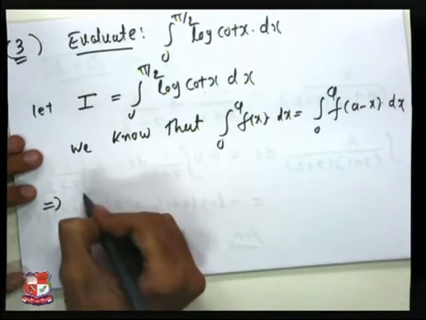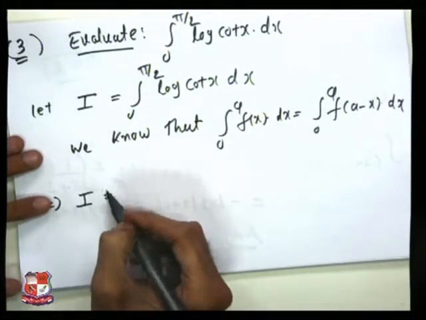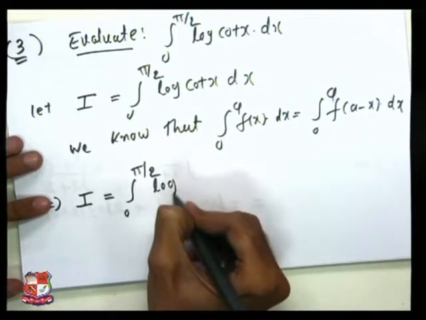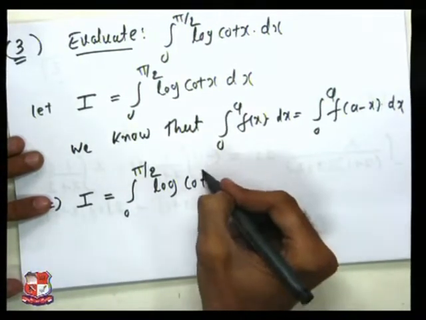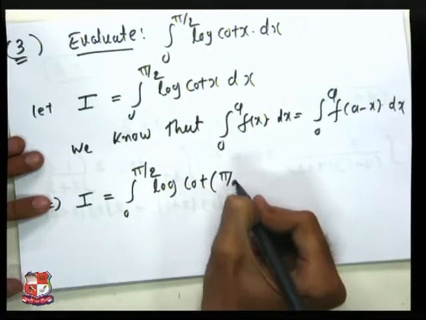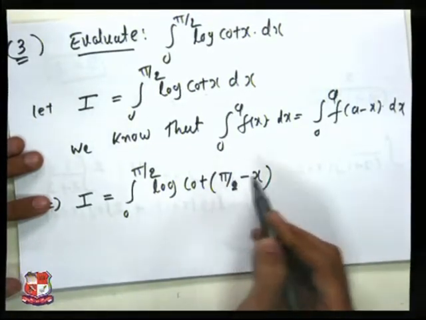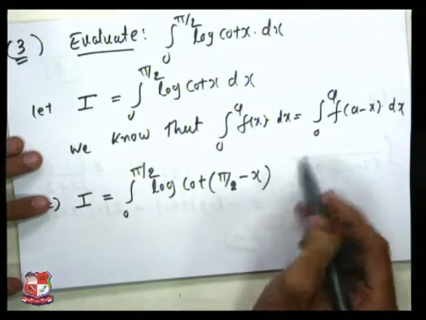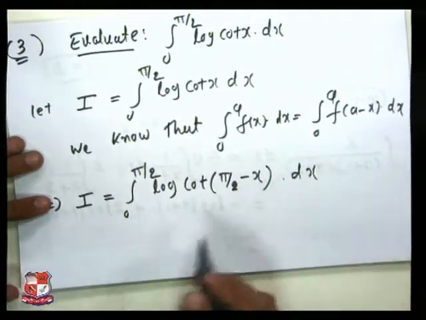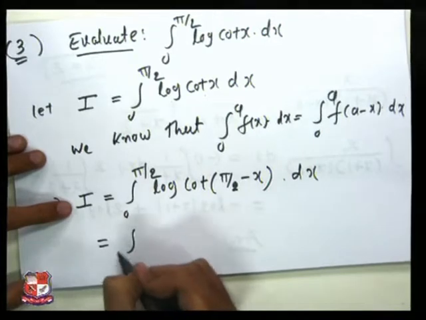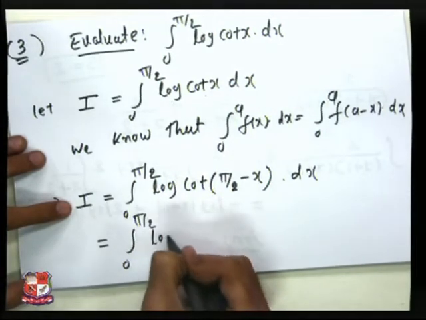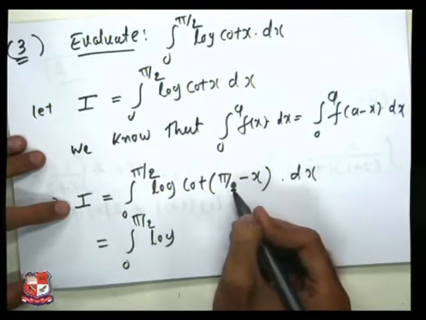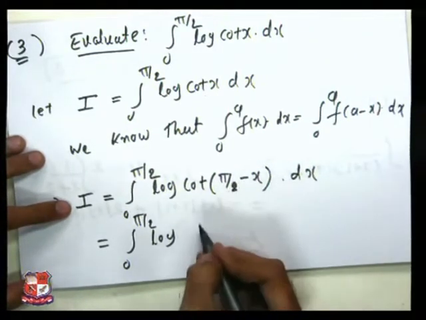So I will get integral I is equal to 0 to pi by 2 of log cot (a minus x), that is pi by 2 minus x, because here a is equal to pi by 2, into dx, which implies 0 to pi by 2 of log cot (pi by 2 minus theta). Cot (pi by 2 minus theta) is equal to tan theta.